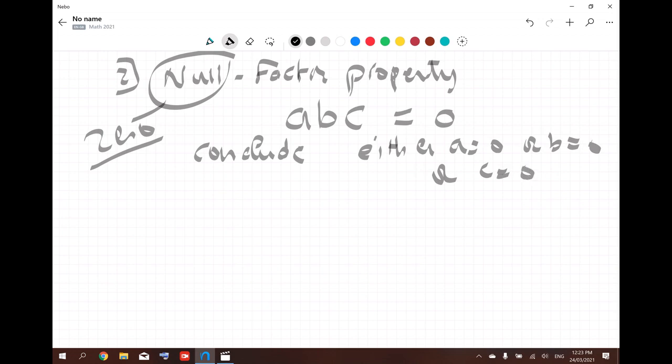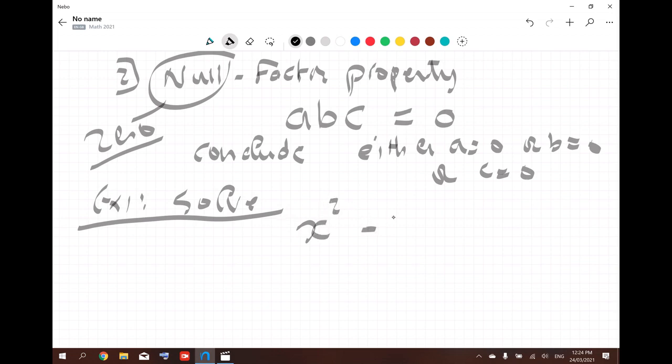In algebra, we might find a question like, example 1, solve a higher degree equation like x squared minus 2x is equal to 0. In order to use this property, I need to express that mathematical expression as a product of its factors, and the only way to do that is using my factorization methods, and we have 6 factorization methods.